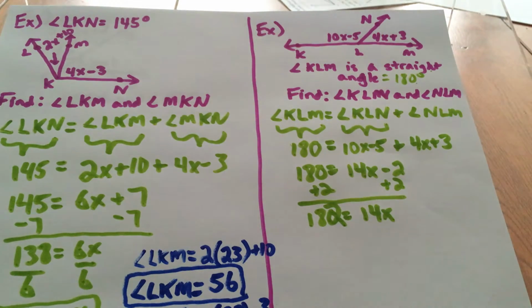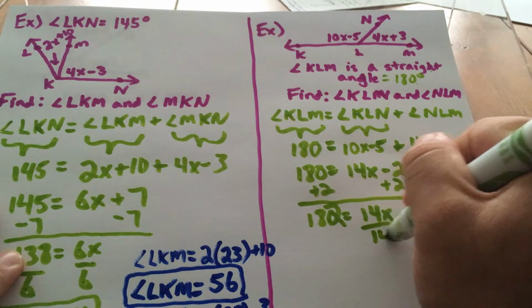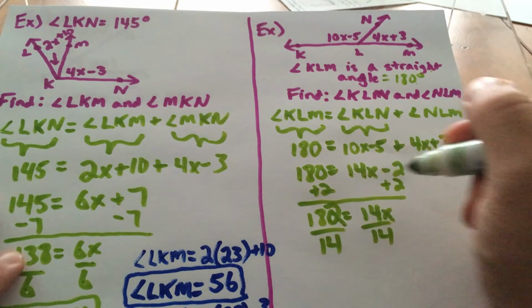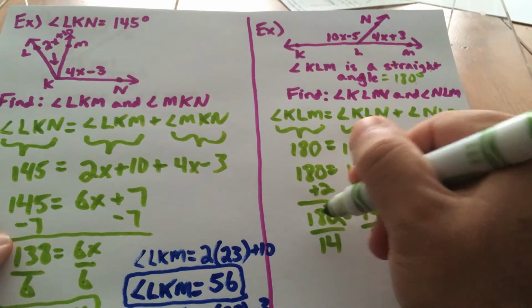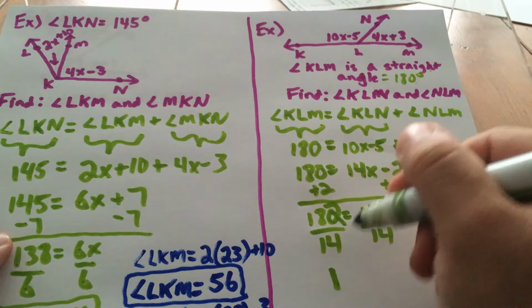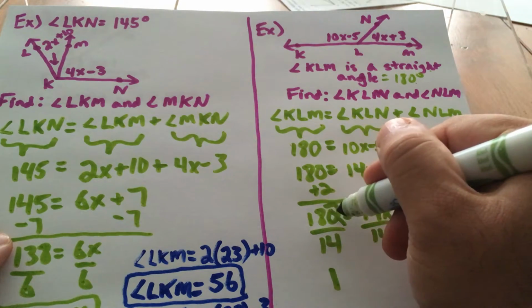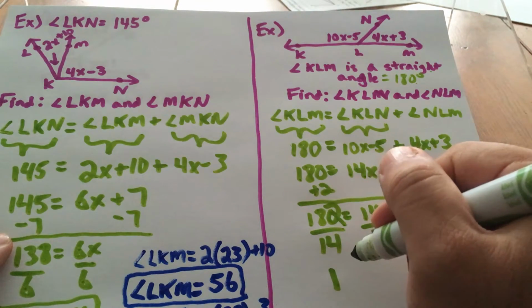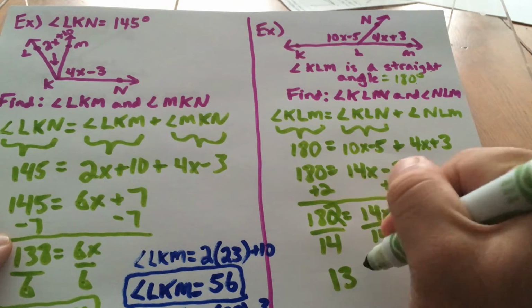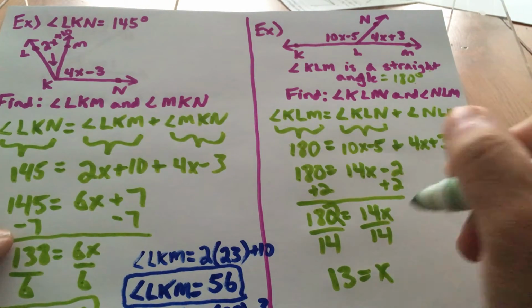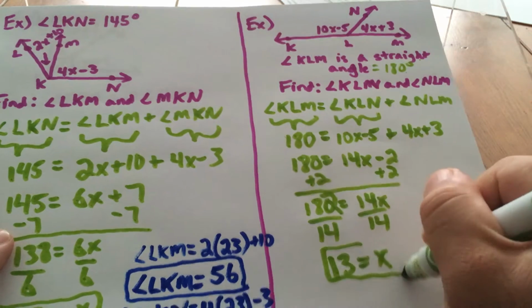All right? So then we divide both sides by 14. And what we will get, well, 14 will go into 18 once. And then we're left with 42. That'll be 13. So x will be equal to 13.